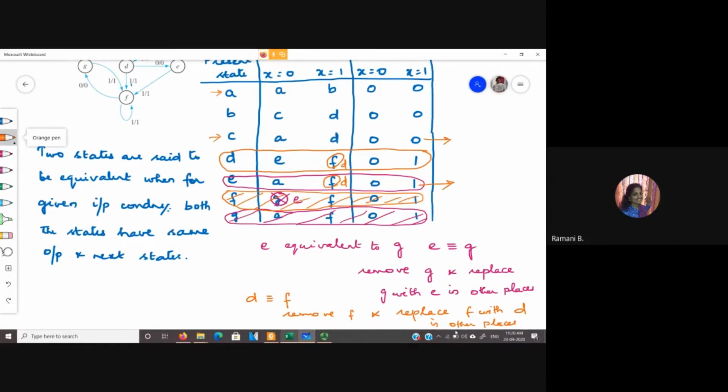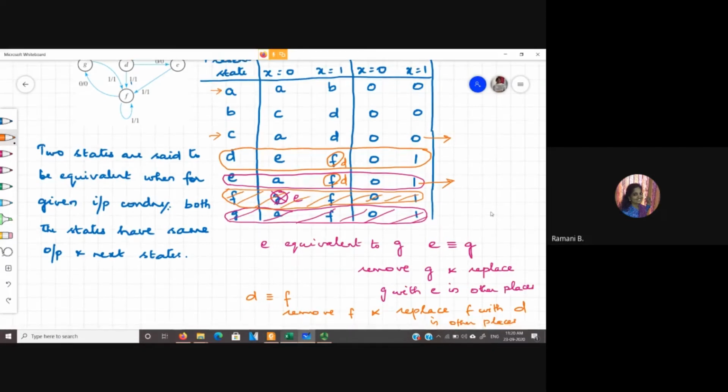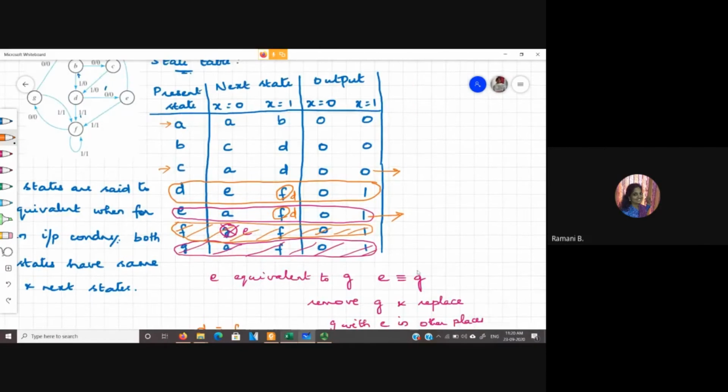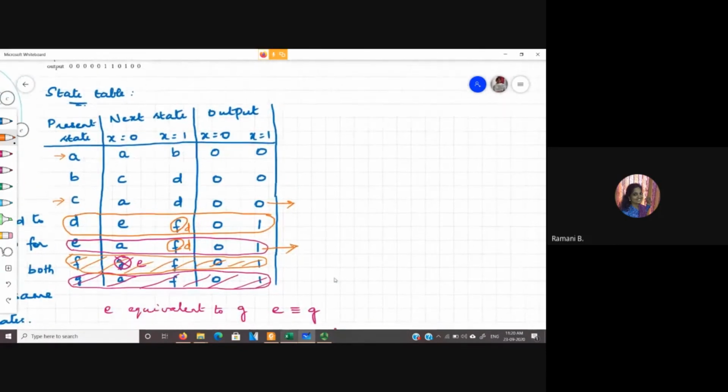However, you can see that they are not equivalent as the output value is different. So initially we had 7 rows. Now this is reduced to 5 rows.